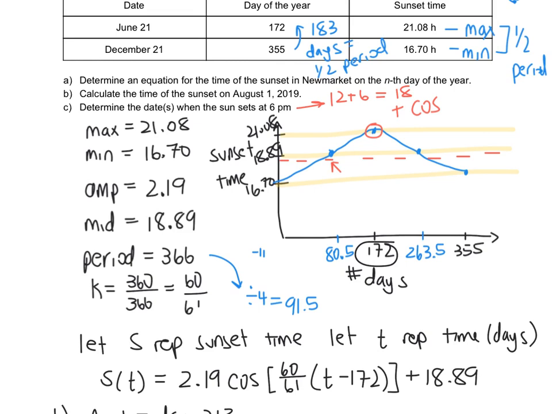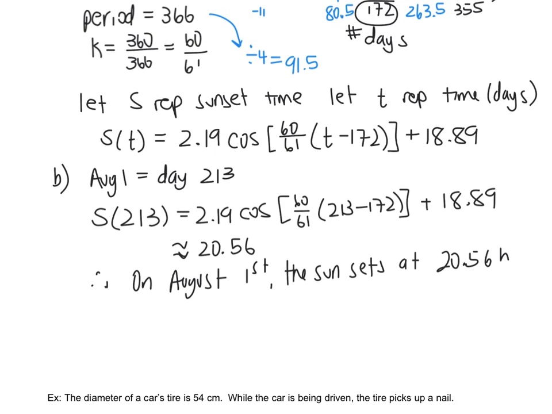So I have an idea in my head on what that date will be, but to get the exact date, I am going to use my equation, and I'm going to set that sunset time equal to 18 and then solve the trig equation. It will be a little more complicated than the way we've done it in the past, but we have the skills to do it. So let's go ahead and do that.